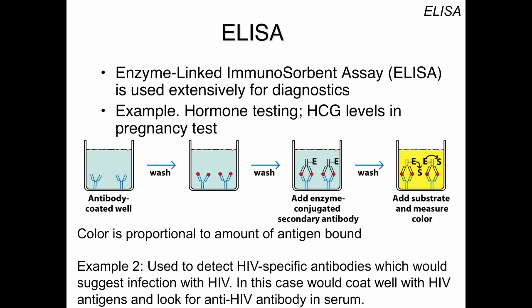It could be serum that may contain different hormones. And if you coated the plastic dish with an antibody that recognizes, for example, human chorionic gonadotropin, if you want to do a pregnancy test, the level of HCG would bind to the antibody, and then you'd have a secondary antibody that you would add to the well that would in turn also bind to HCG in proportion to the amount of HCG that was present in the well.